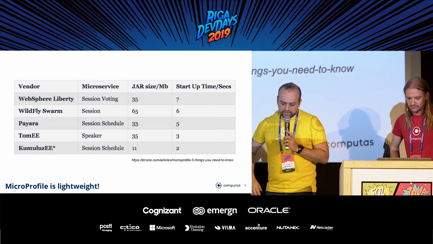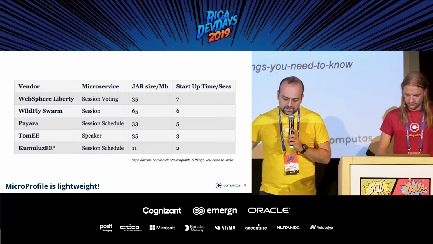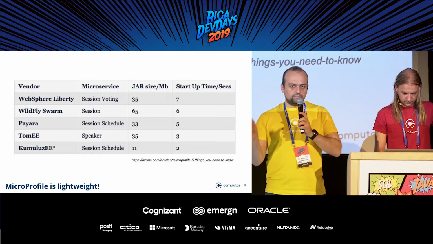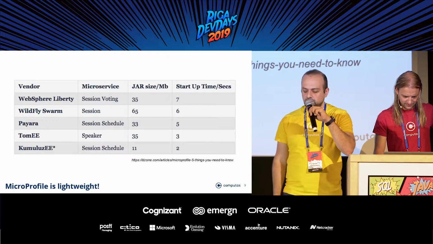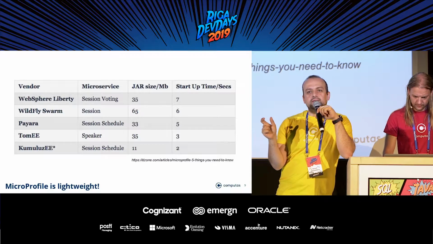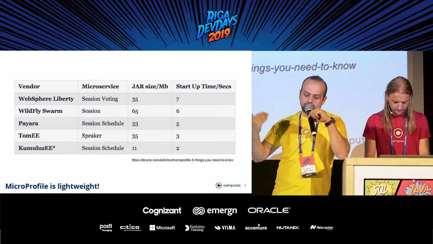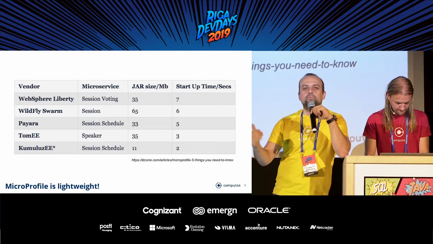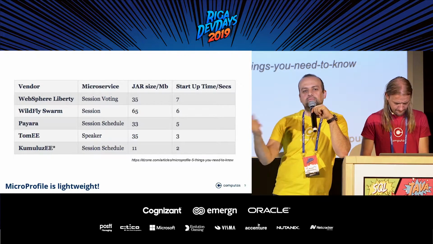When you talk about microservices, you usually want them to be tiny and small, with a small footprint and very quick startup. You always show how big the jar files will be and how fast they will start.